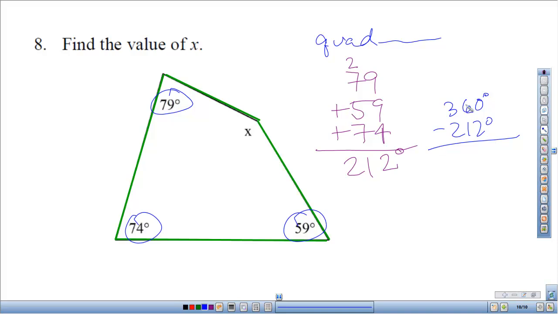I can't take 2 away from 0. Actually, ideally, you would do this on your calculator, right? That way you don't make any arithmetic mistakes. So let's see. I'm going to borrow 10 minus 2 is 8. 5 minus 1 is 4. We get 148 degrees. That would be the measure of that angle. In a quadrilateral, all 4 angles add up to 360 degrees.